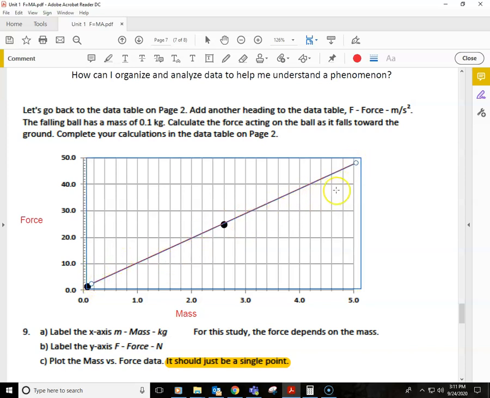So it's a straight line, and my prediction is where my new line hits 5. That would be my prediction over here. If I have a mass of 5, and I go up to the trend line, then I can take it back to see how much force there was. And that'll be my prediction.